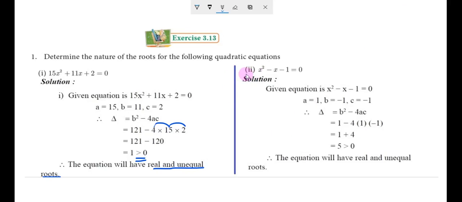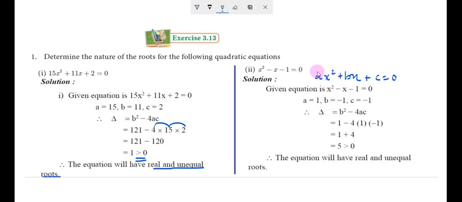Okay, now subdivision 2. X square minus x minus 1 equal to 0. So the given equation is x square minus x minus 1 equal to 0. Okay, equate the coefficients with ax square plus bx plus c.